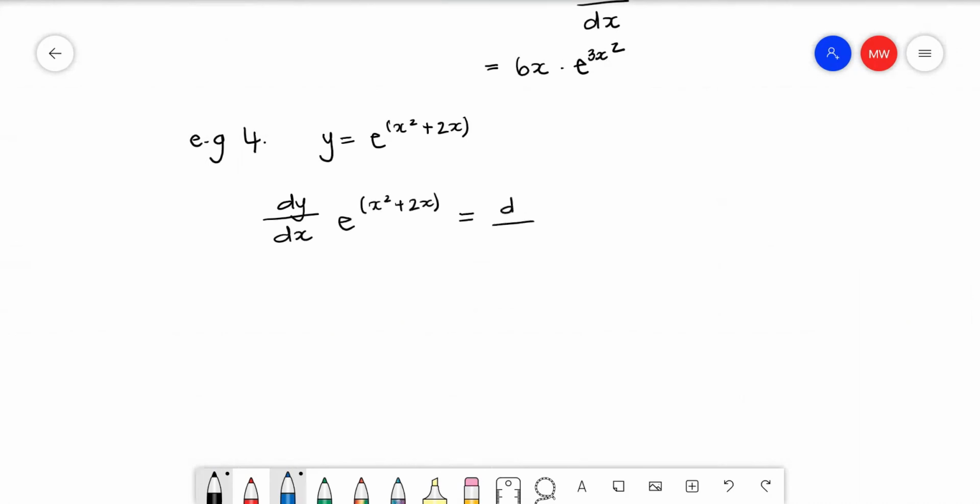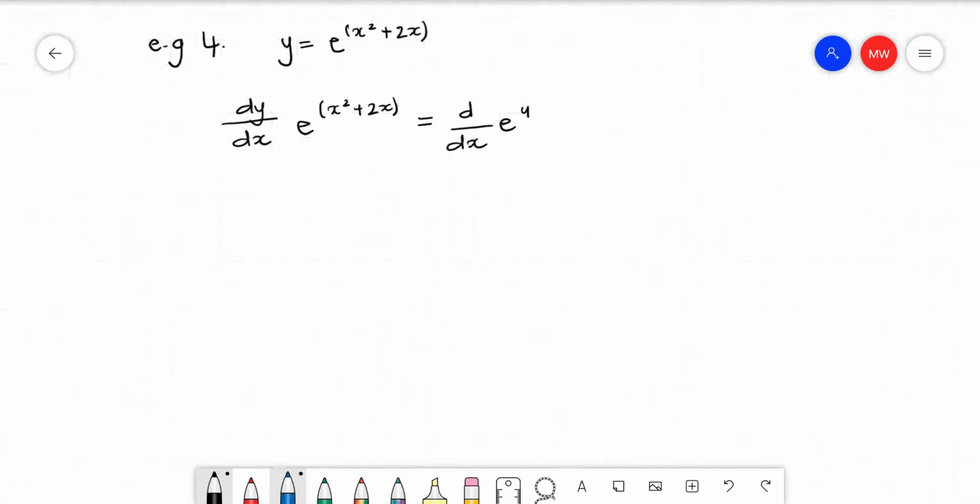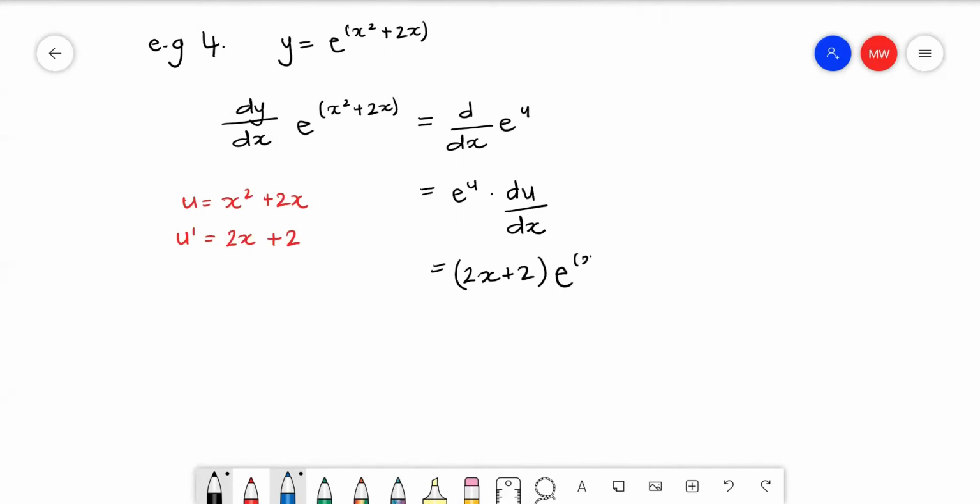It is equal to d/dx of e to the power u, and my next step would just be e to the power u times du/dx, where u is equal to x squared plus 2x, u dash is equal to 2x plus 2, and so the final answer would be (2x plus 2) times e to the power x squared plus 2x.